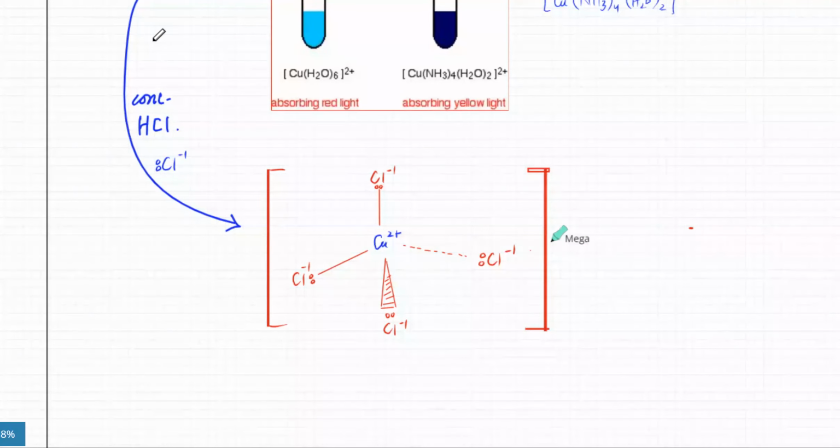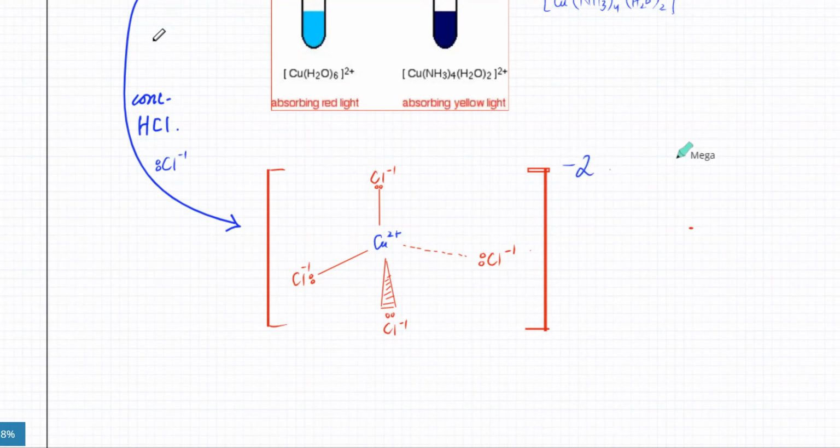Remember, once a complex is formed, you don't write individual charges on the atoms because now the charges are on the whole thing. So what is the total charge of this entire complex now? -2. It's -1, -1, +2, -1, -1, so the total charge is -2.